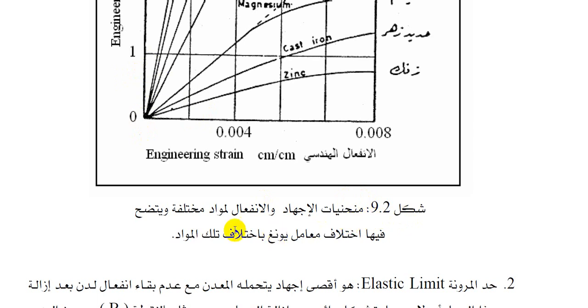Figure 9.2 shows the stress-strain curves for a variety of materials, illustrating the difference in Young's modulus according to the materials or alloys used.